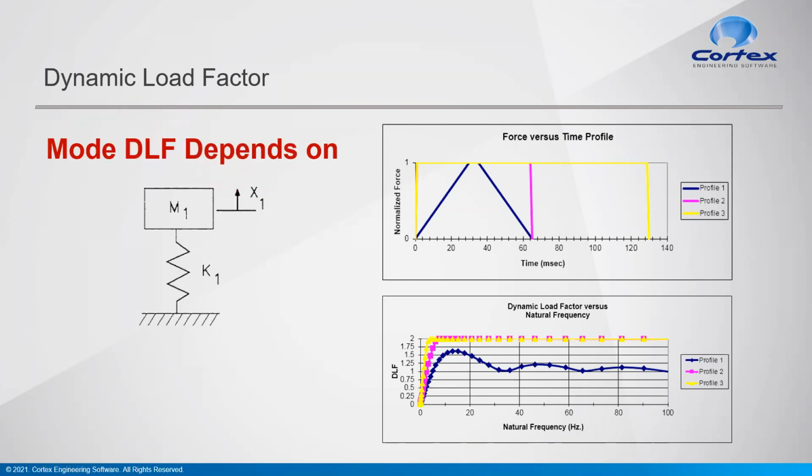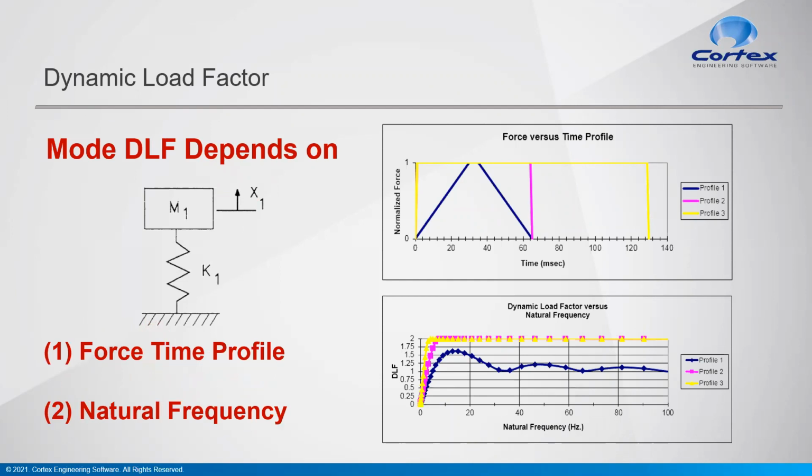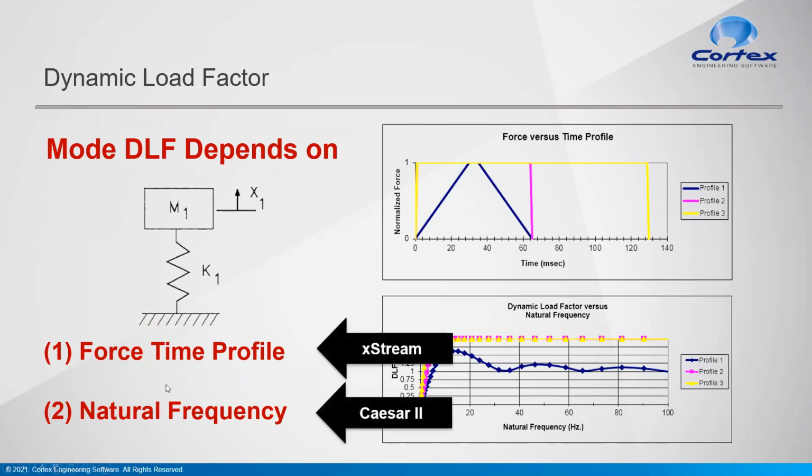This dynamic load factor for each mode depends on the force time profile, in other words, the different shapes of the pulse, and the natural frequency that we're considering. So we get the force time profile from xStream and the natural frequency response from Caesar2.